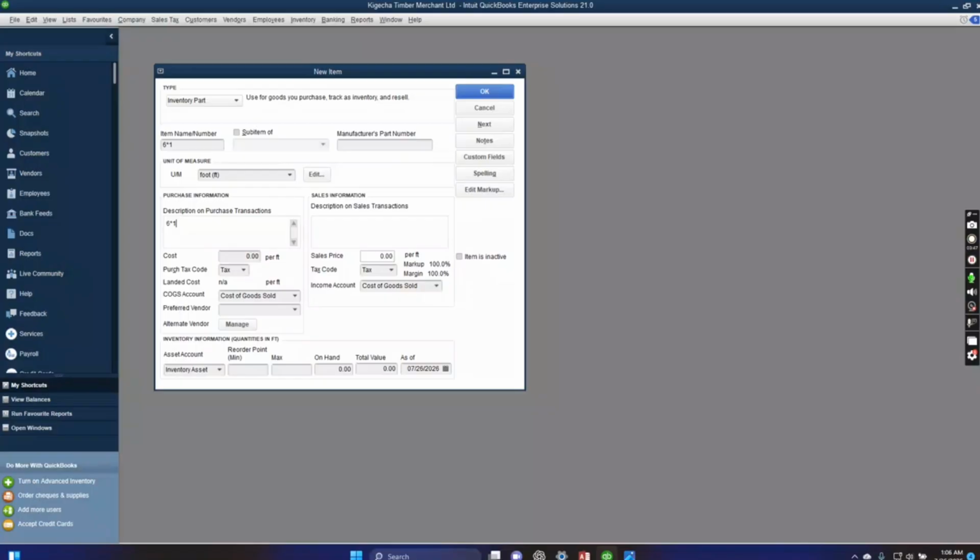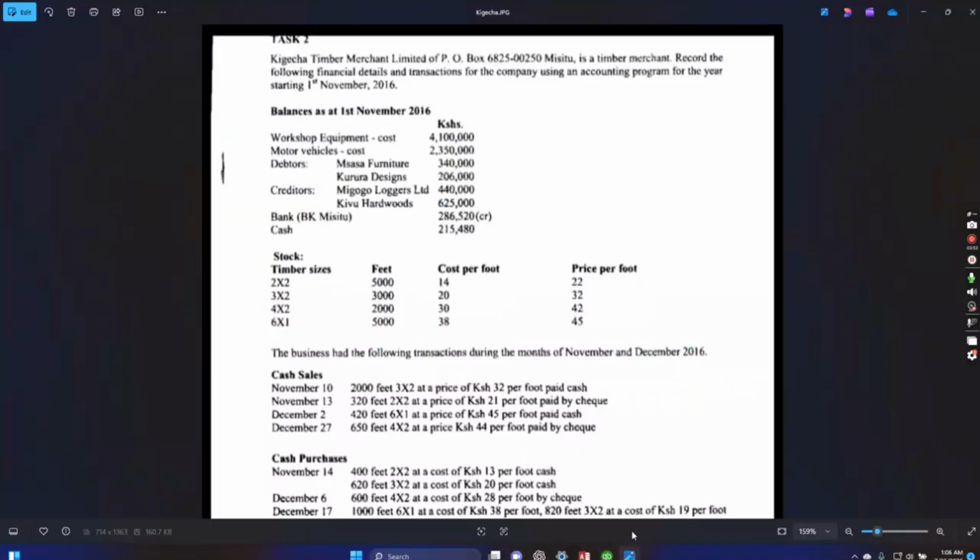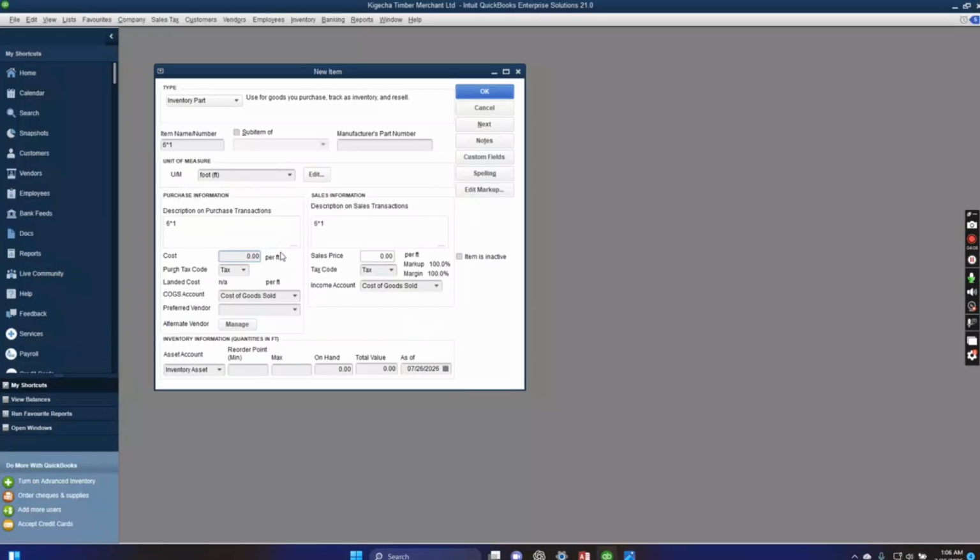6 by 1. And the cost. We have 38 shillings, then 45. Then the amount we have 5,000. We have 38.